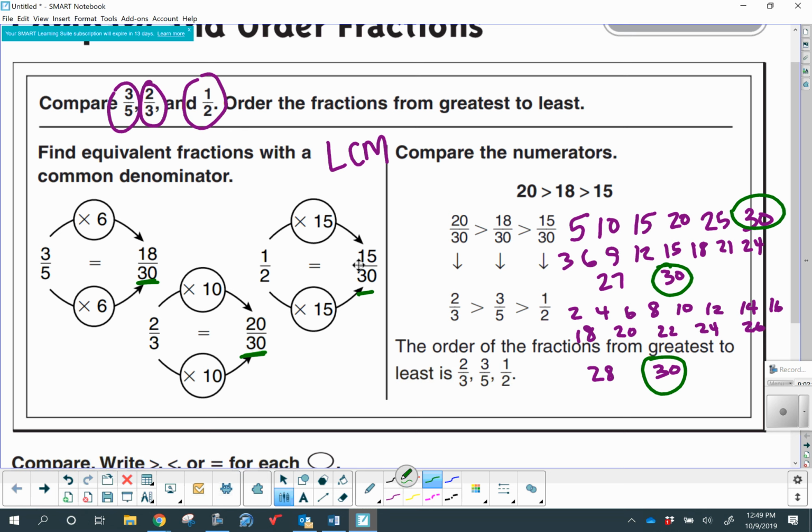Now, the way in which I determine what my new numerator is going to be is I say, what times 5 equals 30? 5 times 6 equals 30. Now, if I'm going to multiply by 6 in the denominator, I also have to do that in the numerator. So 3 times 6 gives me 18. So 3/5 and 18/30 are equivalent fractions.